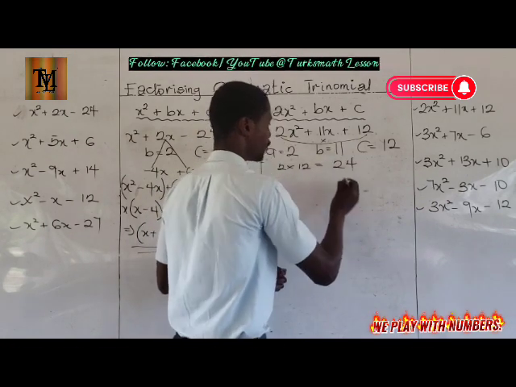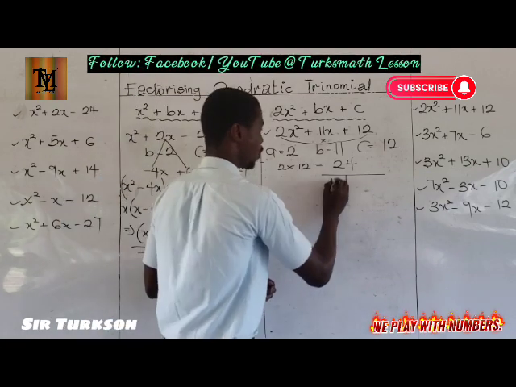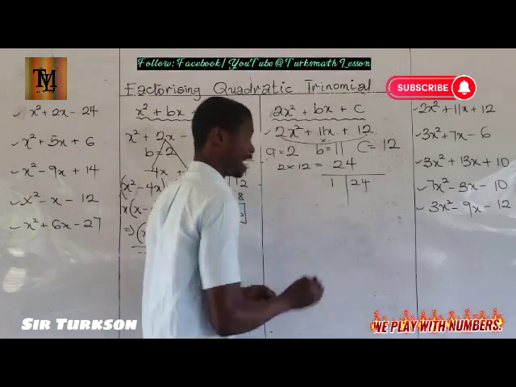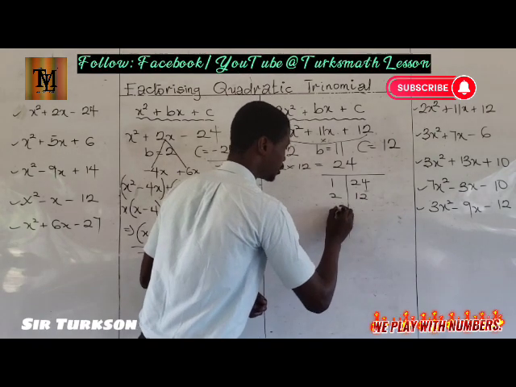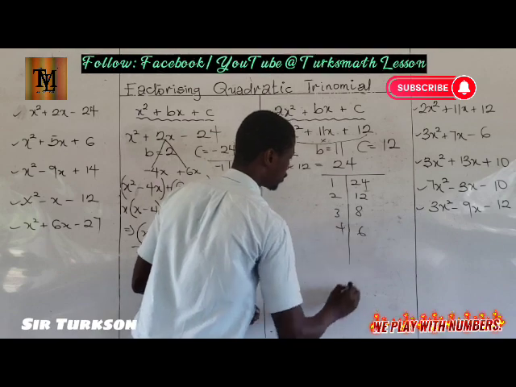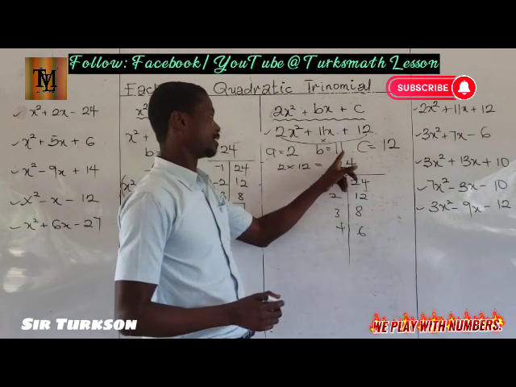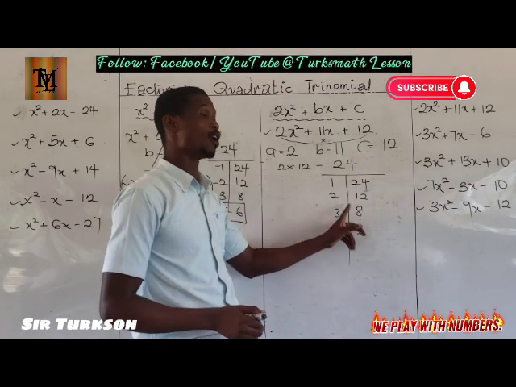Now, 2 times 12 will give us 24. So we find the factors of 24. 1, 24. 2, 12. 3, 8. Very good. 4, 6. Very good. And the constant here is positive, isn't it? So the values here should all be positive.